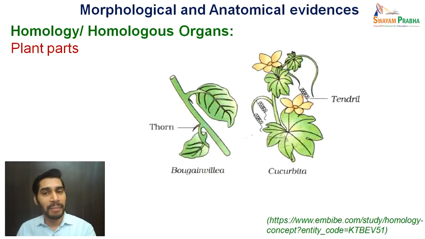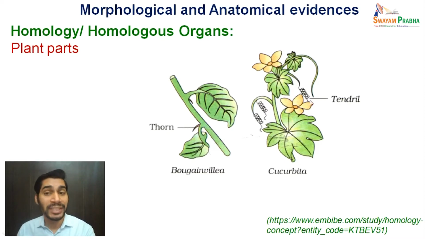Yet another example from the plants we can discuss. The thorns present in bougainvillea, if you compare it with the tendrils which is present in cucurbita, they might appear similar in structures. They might have different functions though. For example, the thorns in bougainvillea, it is protective in nature, whereas the tendrils in cucurbita is more of a supporting nature.